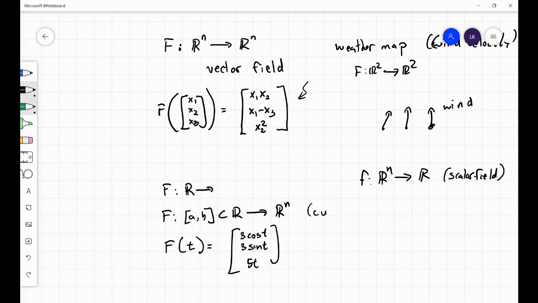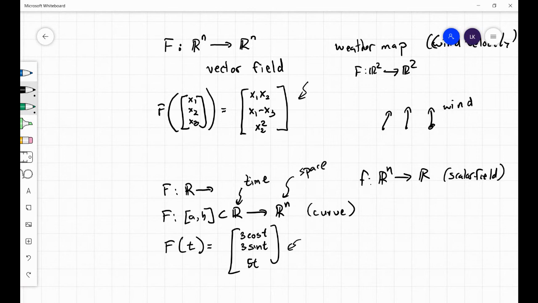It's called a curve, right? Because you think of the domain, in terms of physics, as representing a time parameter, and then for each point in time you assign a position in space. So you think of this as time and this as space.